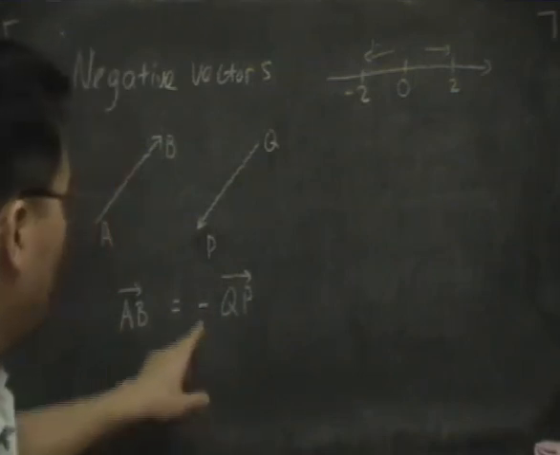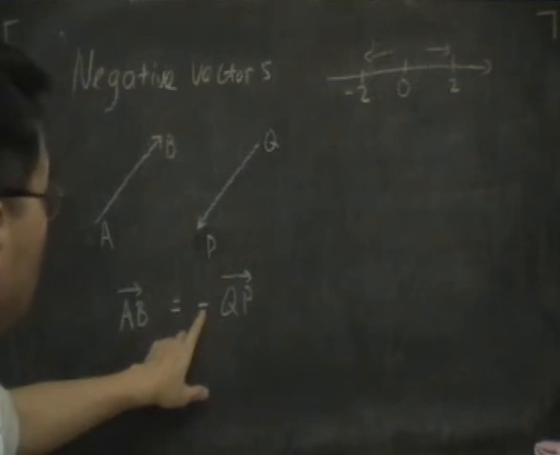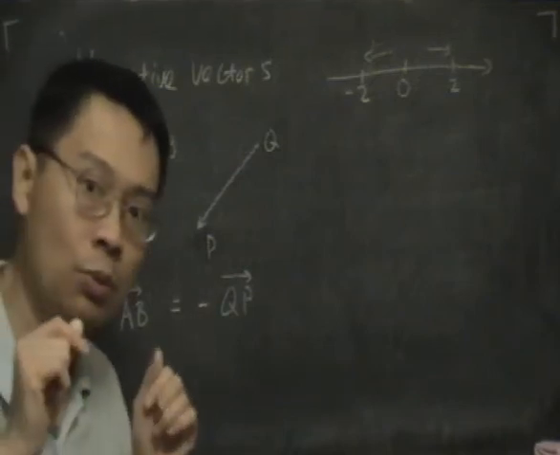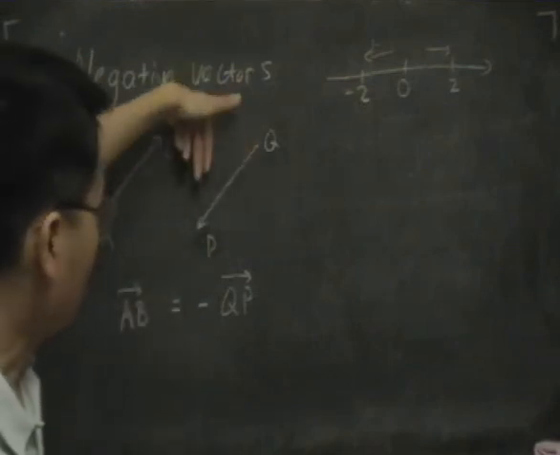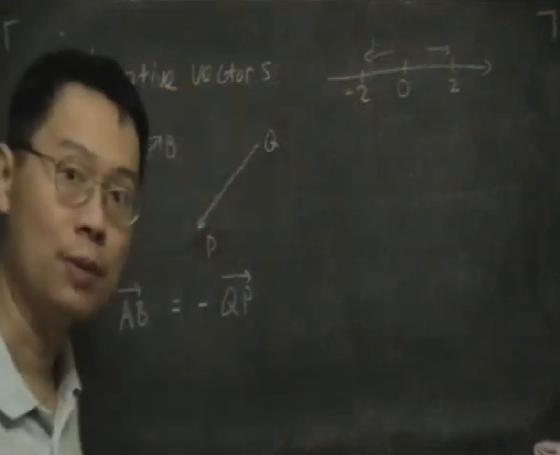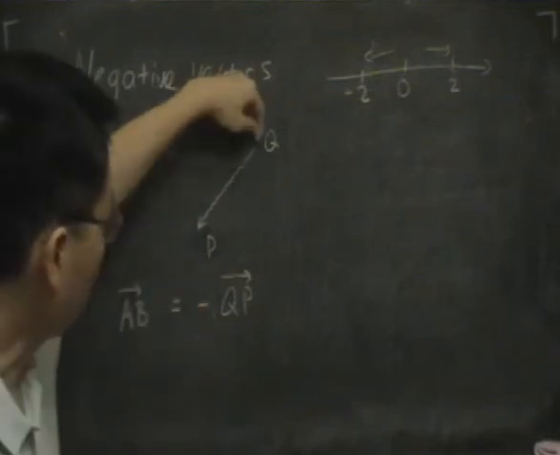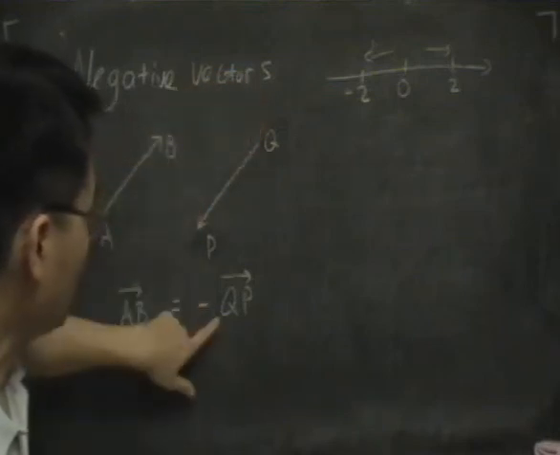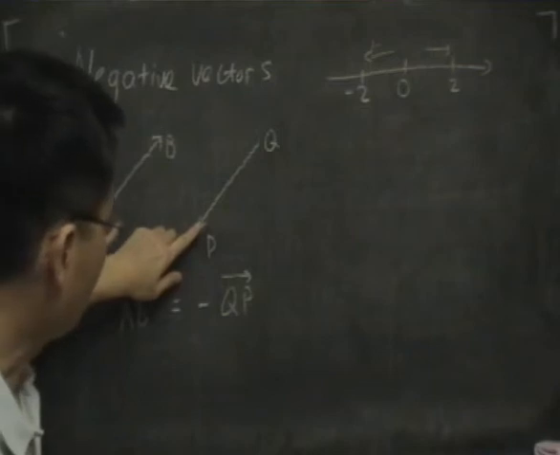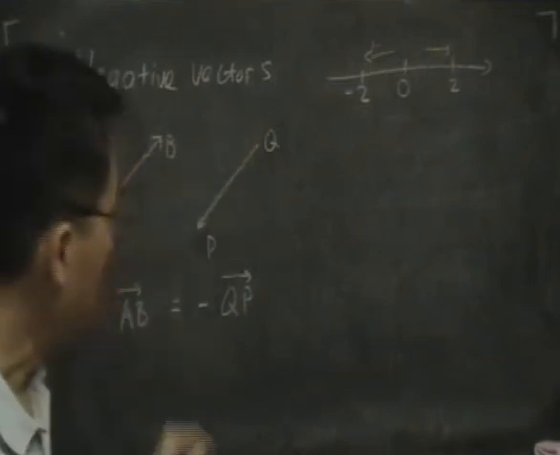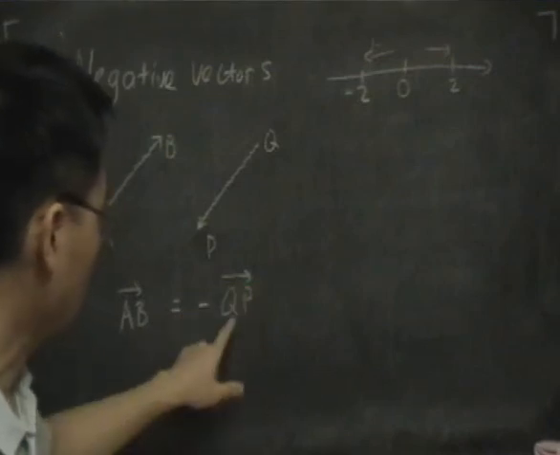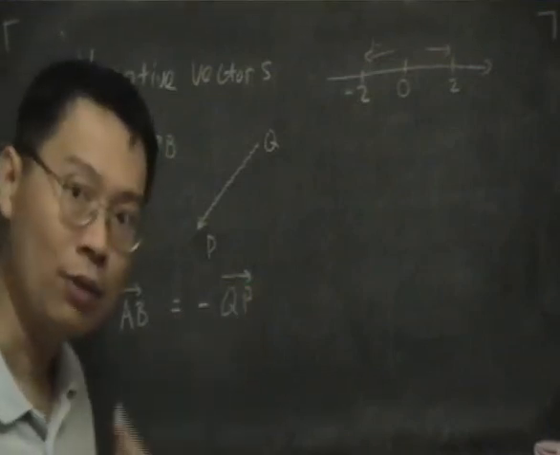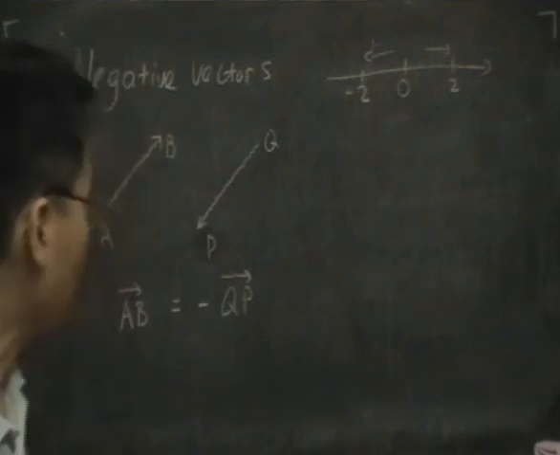And the idea is that I use the minus sign to mean that I reverse the direction of QP. So if QP points from Q to P, then minus QP points from P to Q. So putting a minus sign in front of the symbol for the vector will have the effect of reversing the direction of that vector.